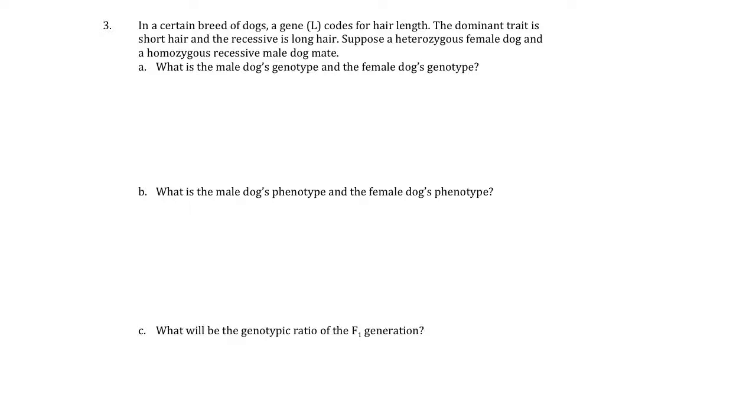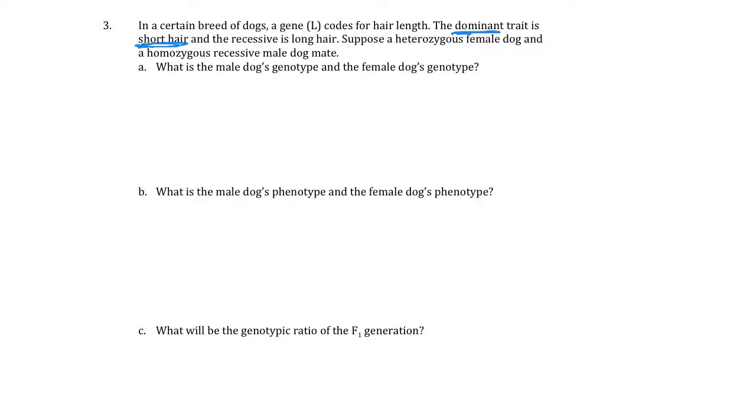And it says, in a certain breed of dogs, the gene big L codes for hair length. The dominant trait is short hair. Okay, let's be careful here. So L codes for hair length, the dominant trait, so that means big L is short hair. And already that could confuse some people because you normally think short must mean small letter, but that's not what it's saying here.